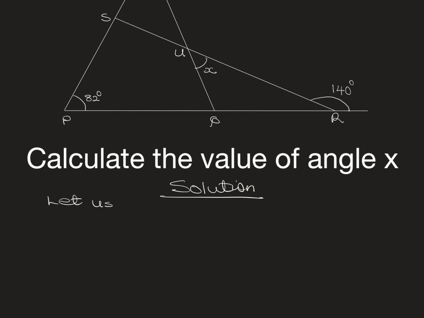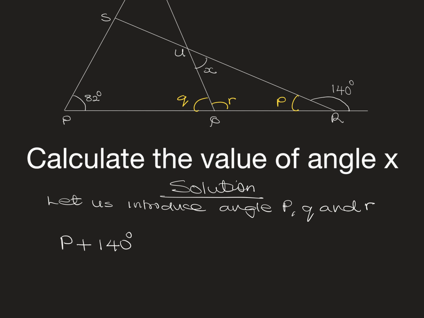Let us introduce angles P, Q, and R. So let's call this angle P, let's call this angle Q, and let's call this angle R. If we are able to determine angles R and P, then we can find angle X. So we can say P plus 140 degrees is equal to 180 degrees for the fact that they are angles on a straight line.